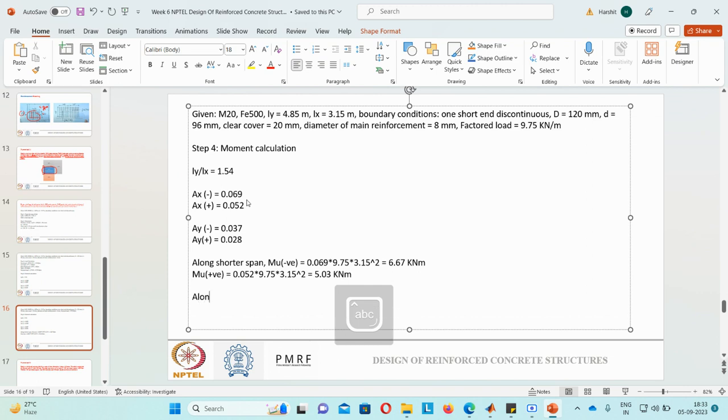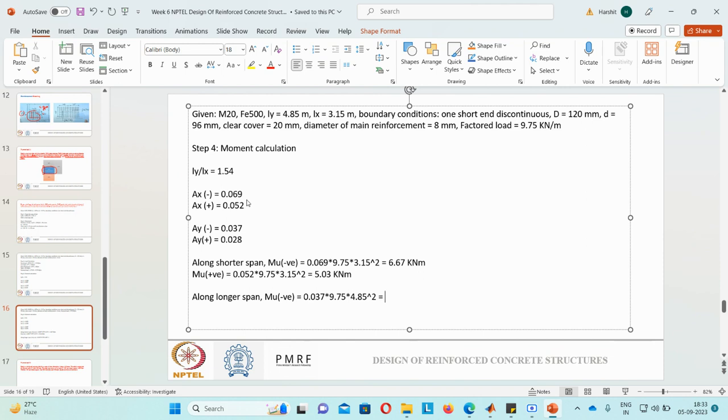And along the longer span, Mu negative will come out to be 0.037 into 9.75 into 4.85 square.